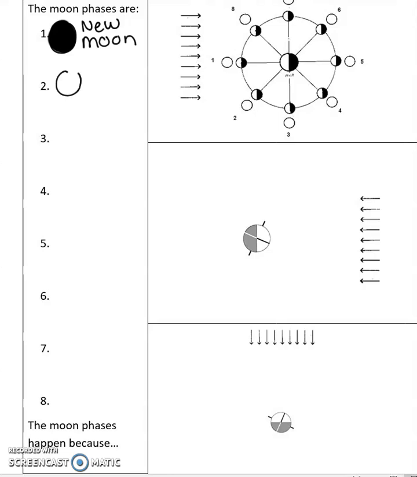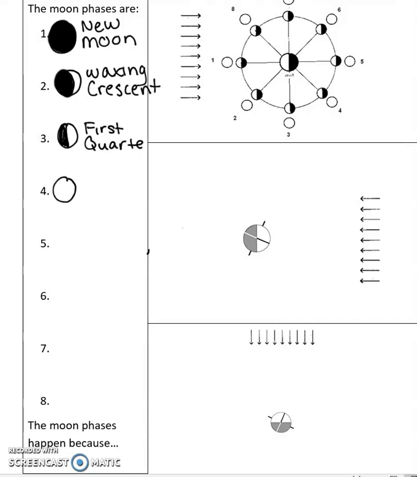And then we have a waxing crescent. And then a first quarter, a waxing gibbous, and then a full moon.